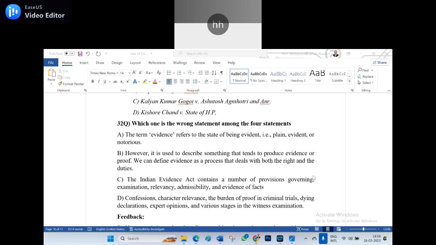C. The Indian Evidence Act contains a number of provisions governing examination, relevancy, admissibility, and evidence of facts. D. Confessions, character relevance, the burden of proof in criminal trials, dying declaration, expert opinions, and various stages in the witness examination. Among A, B, C, D, one is wrong. Which one is wrong?